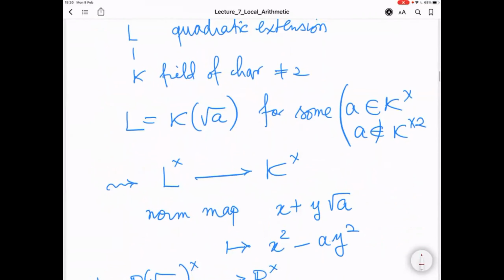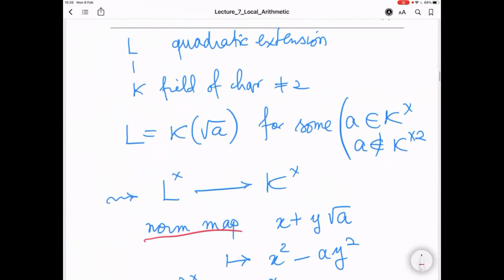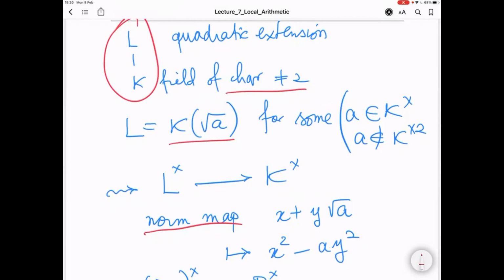Now I want to recall what the norm map is. So let's do it only for quadratic extensions. So we have a field k of characteristic different from 2 and a quadratic extension L of k. Then of course we can write it as k adjoined the square root of a for some a in k star, which is not in k star squares.